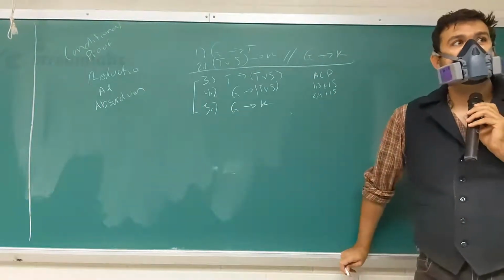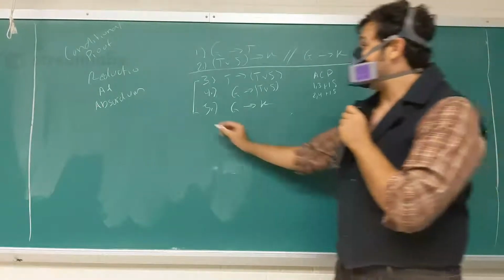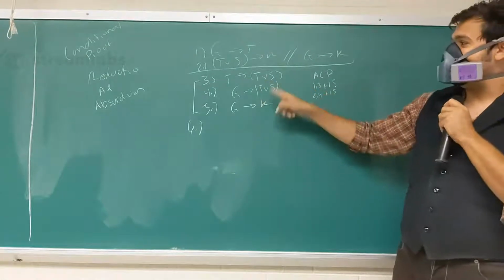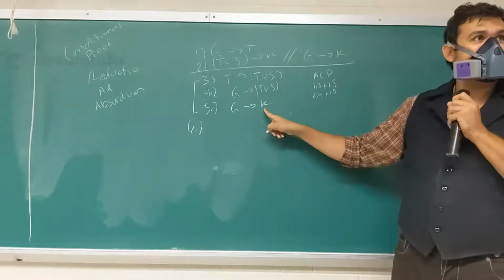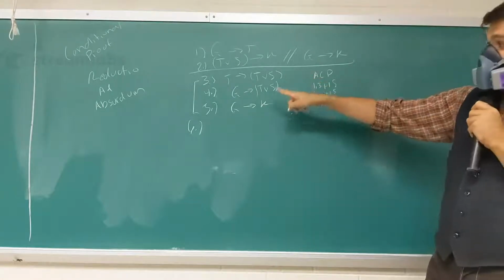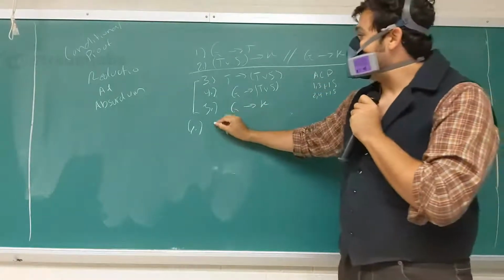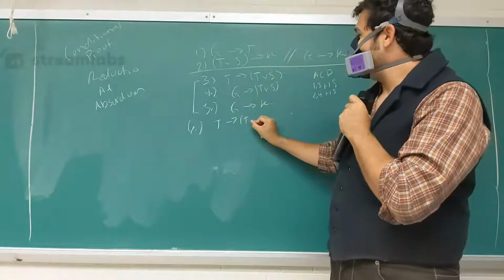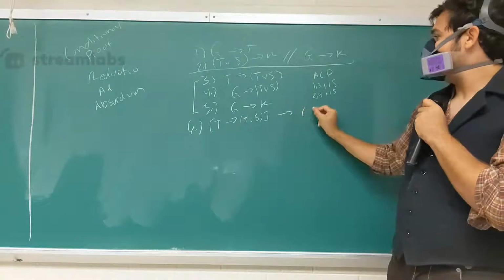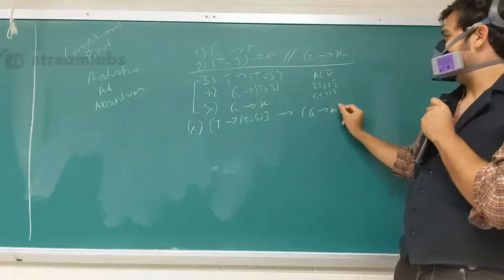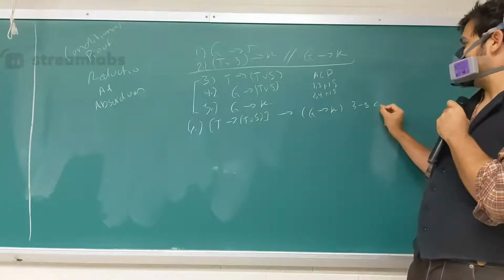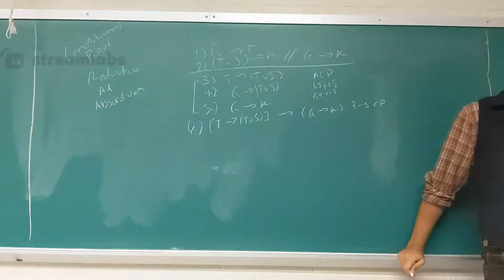What did you prove? Well, you proved something. If this is your assumption and it implied this, then you can say, if this is true, then this is true. So if T then T or S, then G then K. 3 through 5 conditional proof. Do you see how that works?